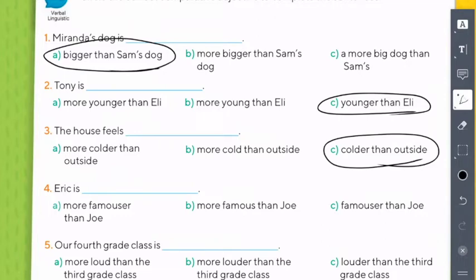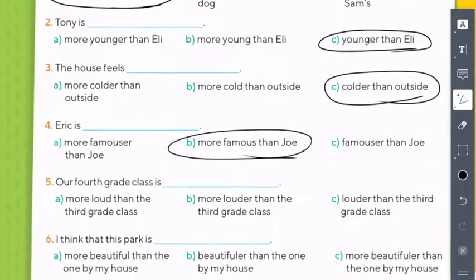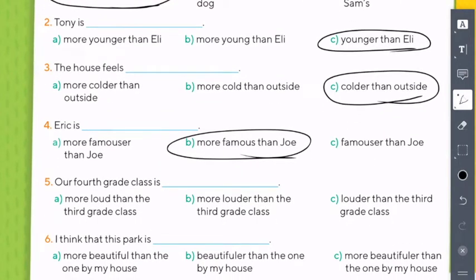For example, famous, more famous. Number 5. Our 4th grade class is more loud than the 3rd grade class, more louder than the 3rd grade class, or louder than the 3rd grade class. Loud. 1 syllable. Louder. Perfect.